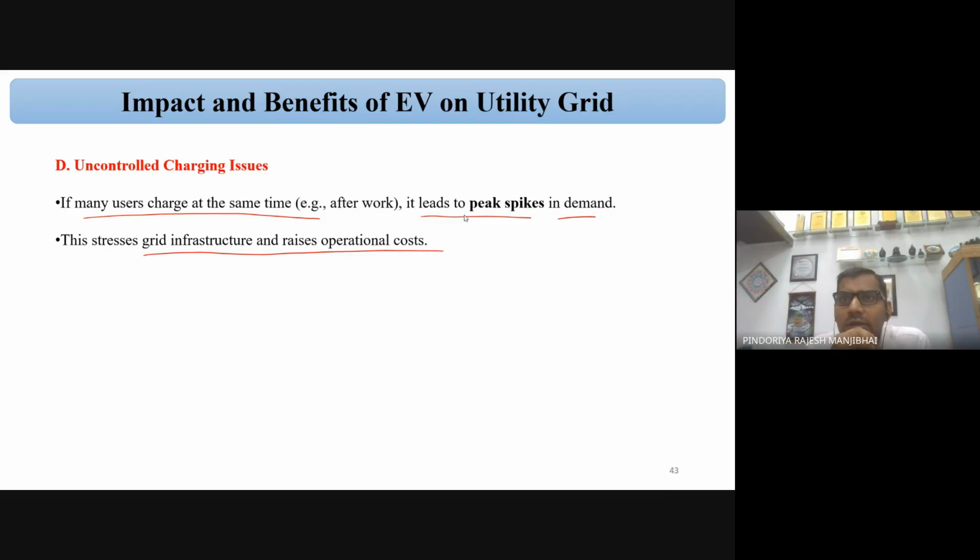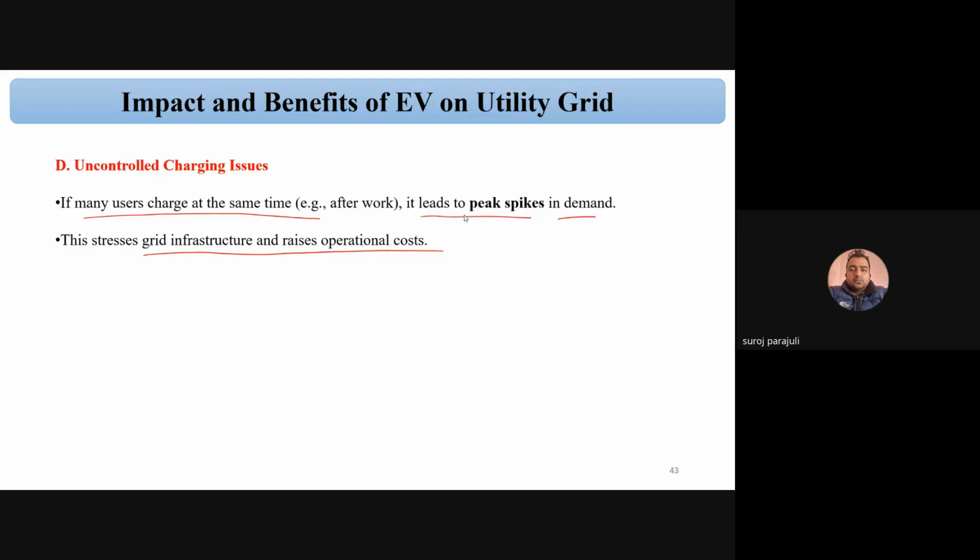You are telling about phase grounding. In case of phase grounding, any phase can get grounded due to many causes, like service cable failure. It may cause the phase grounding issue, sir.